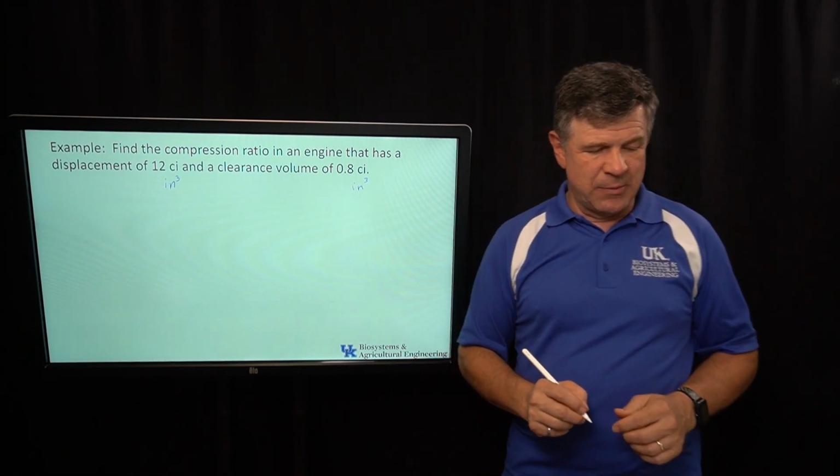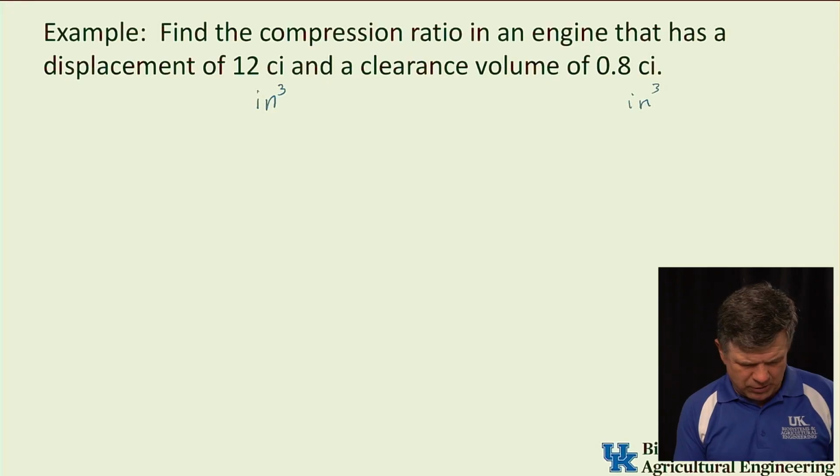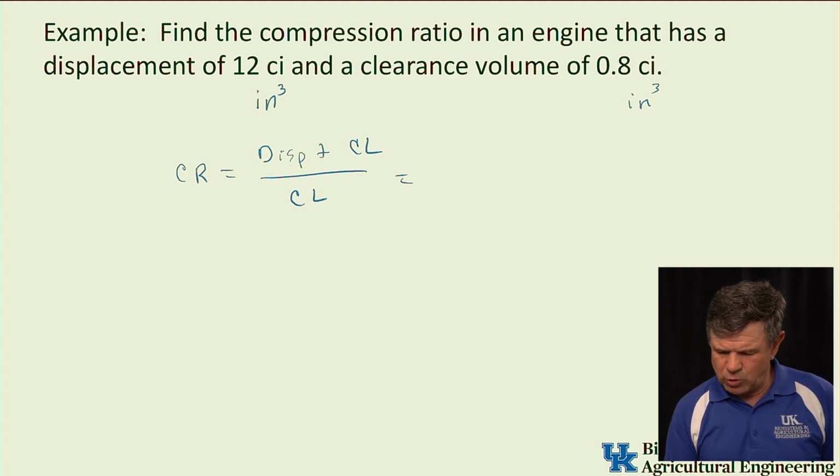So now this becomes a relatively easy problem. So we can say that our compression ratio, CR, is equal to, and then my equation is the displacement plus the clearance volume divided by the clearance volume. And that is equal to, what is my displacement? 12. And I'll write my units down here.